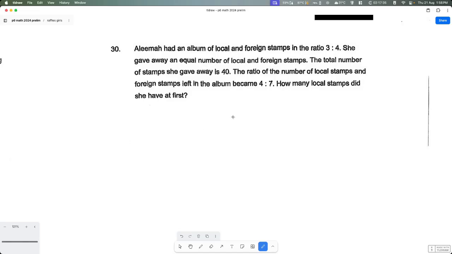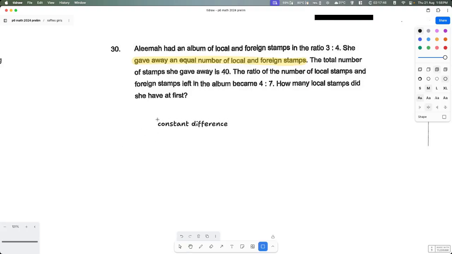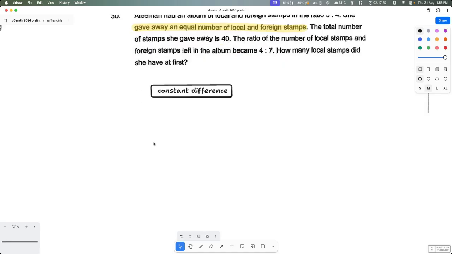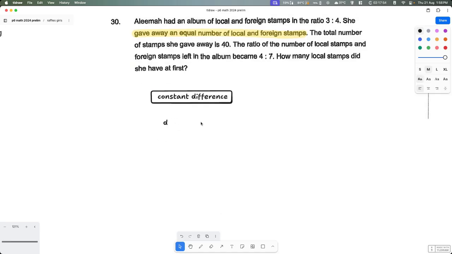All right, since it says here she gave away an equal number of local and foreign stamps, this is what we call constant difference. So if the same amount is given away, the difference doesn't change.